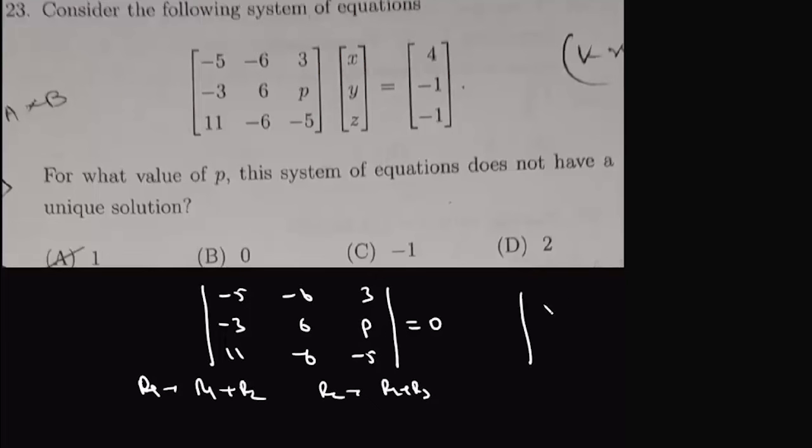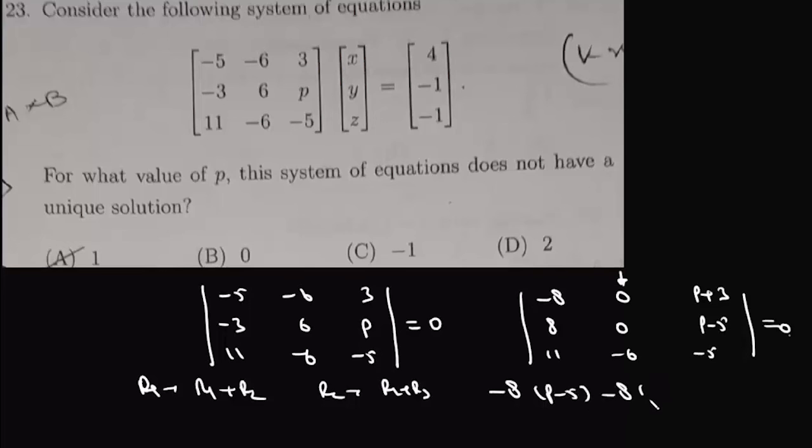So we can write this as minus 8, 0, p plus 3; and 8, 0, p minus 5; and 11, minus 6, minus 5 equals 0. Now we'll expand it about the second column. So we'll get minus 8 (p minus 5) and then minus 8 (p plus 3) equals 0. So we'll have 2p minus 2 equals 0. That is, the value of p must be 1, and that's your option A.